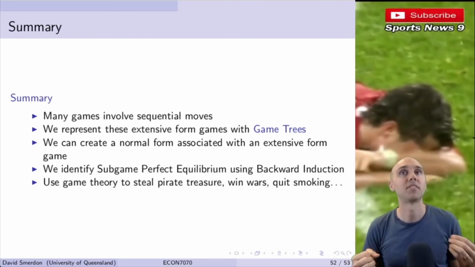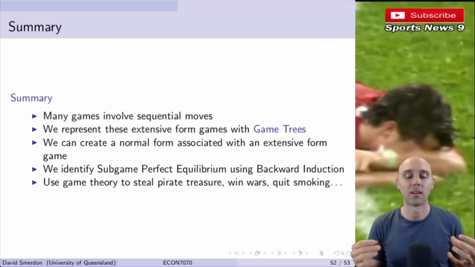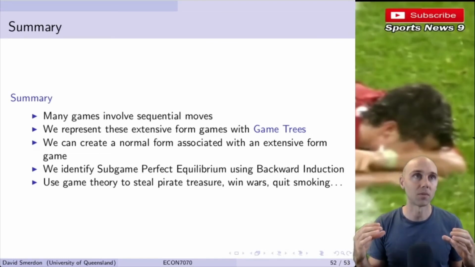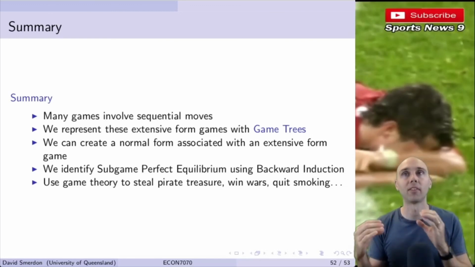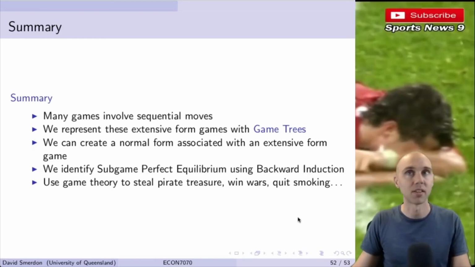But now we've seen a refinement of Nash equilibrium: we can identify subgames and a subgame perfect equilibrium. And there will always be at least one of those that we can find using backward induction from our game tree. And we've also seen some applications about how game theory can help you in your future careers, whether you are a pirate, a Roman naval general, or just trying to quit smoking.